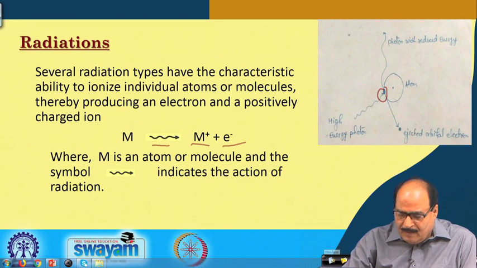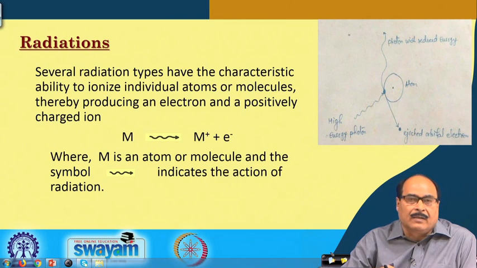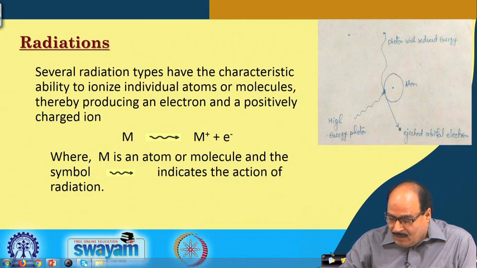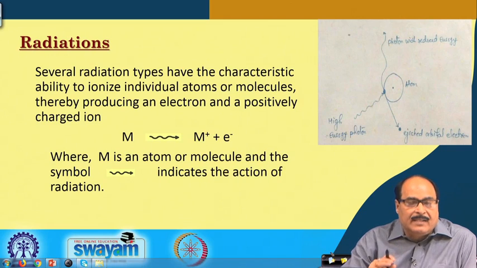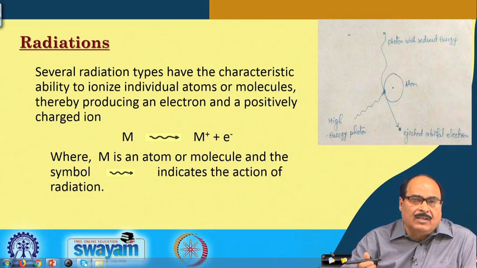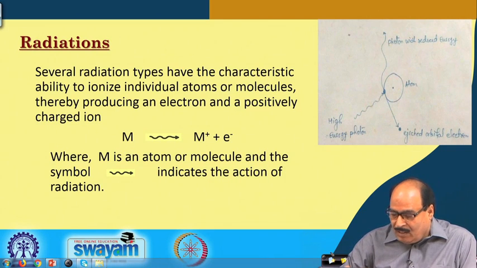In fact, this is the Compton effect, which shows that when an atom is bombarded by radiation, a positively charged ion and a negatively charged ion are produced.